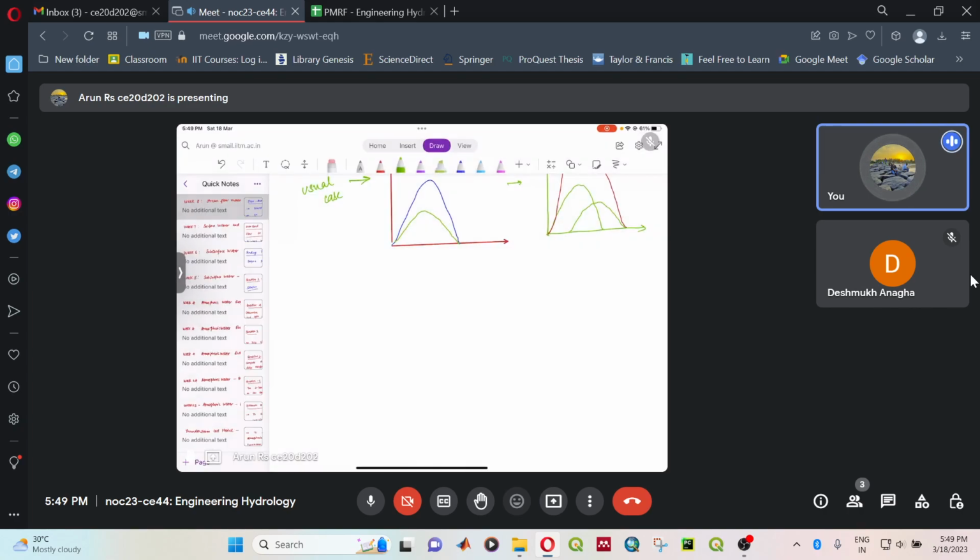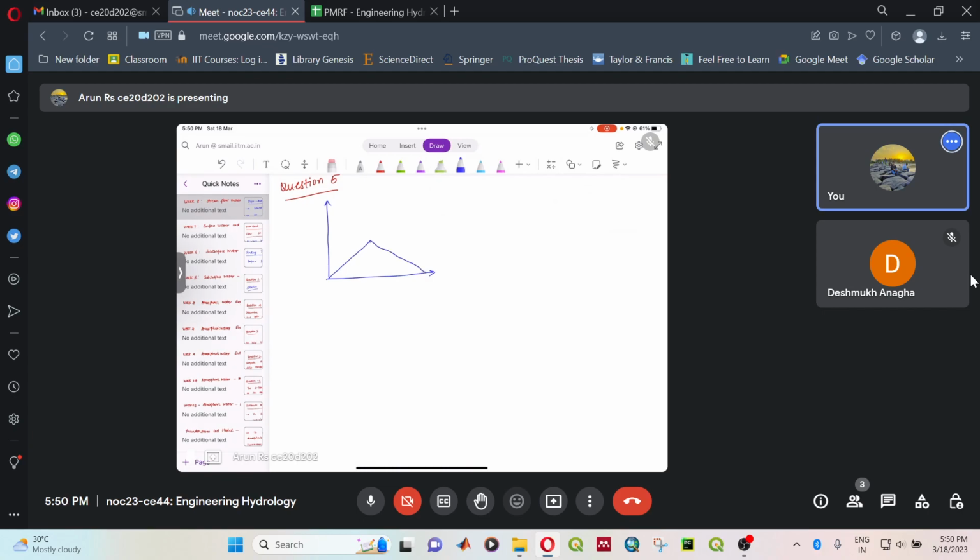So we'll see how to approach this question. Here again they have given a triangular unit hydrograph, and the time base is given as 15 hours.